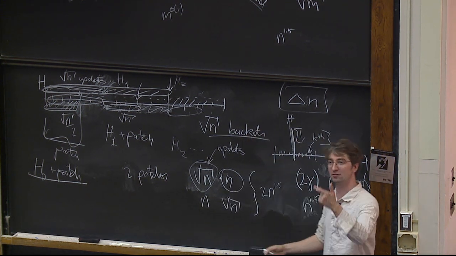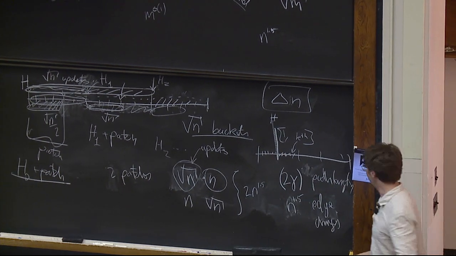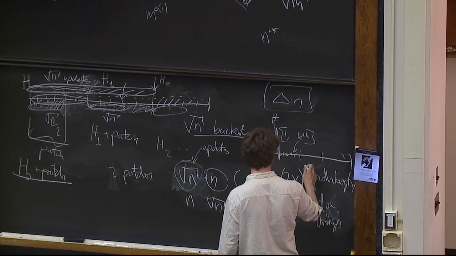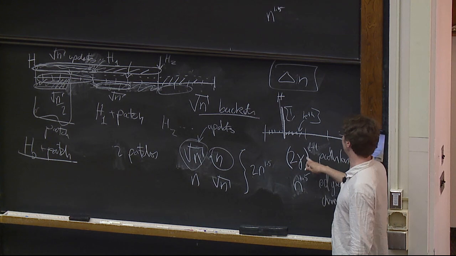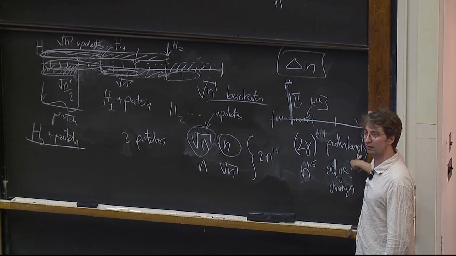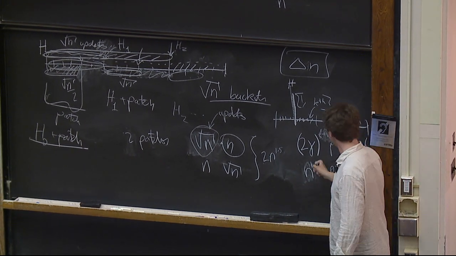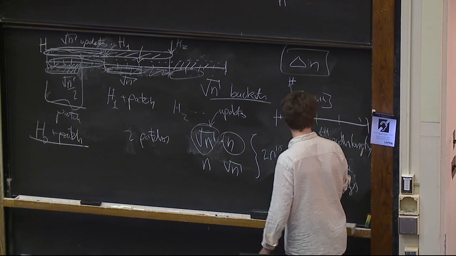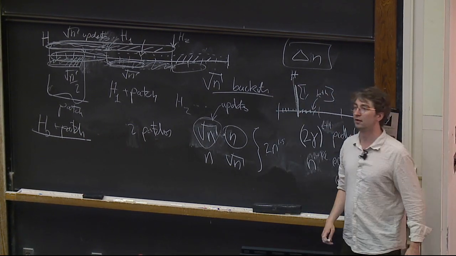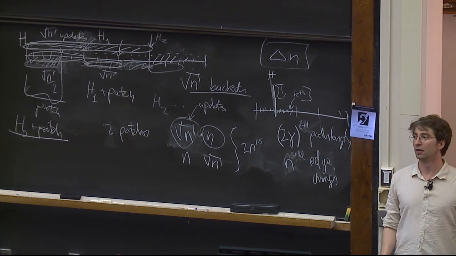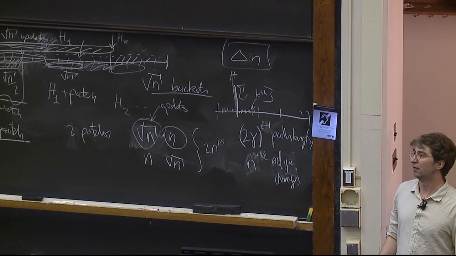Right now we only did it 2 times. If you allow yourself to sequentially patch L times, you'll get 2 gamma to the L plus 1 path length, and the total number of edge changes will be n to the 1 plus 1 over L. Okay?